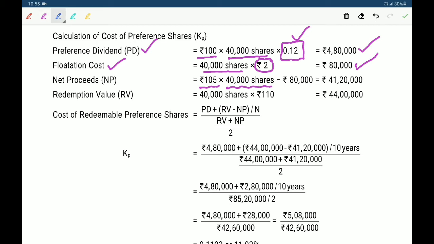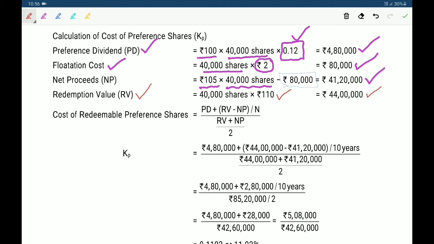Flotation cost already calculated, 80,000 rupees. So the answer is 41,20,000. So normally we calculated as 105 rupees minus 2 rupees. Next, redemption value. What is the redemption value? 40,000 shares into 110 rupees. That means 100 rupees face value plus 10 rupees premium. 44 lakhs.